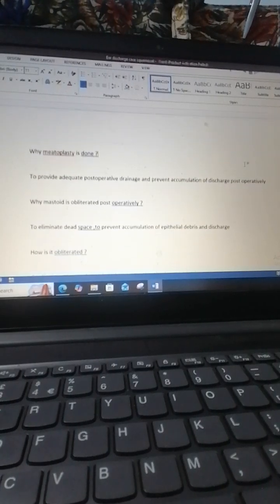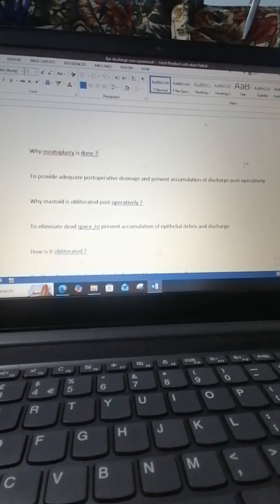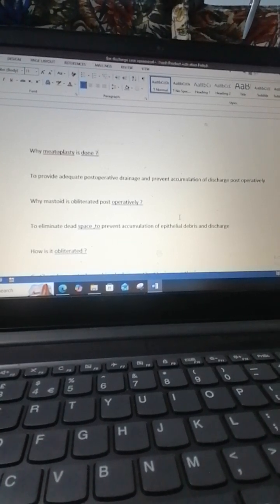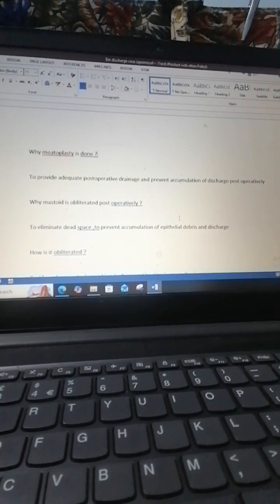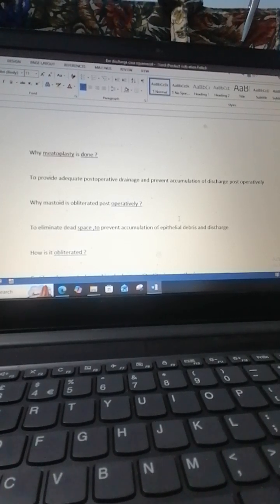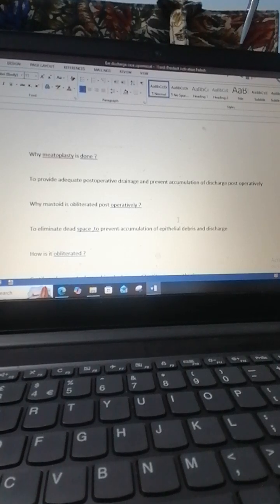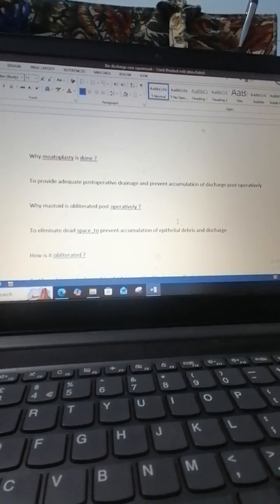So the next question is why meatoplasty is done? Meatoplasty is done to provide adequate post-operative drainage and prevent accumulation of discharge post-operatively, because we need a pathway of drainage for the discharge which collects post-operatively.